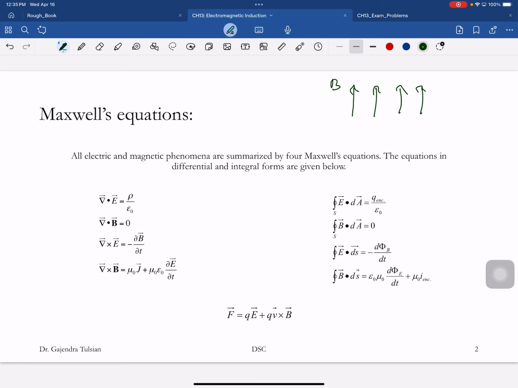Magnetic fields are denoted by B. And let's say if the magnetic field B is increasing, this increasing magnetic field will produce an electric field all around it, like that. And the electric field will be in that direction, okay? And that's what this equation is telling you. And if the field is there, the further out you are, the weaker the electric field, okay?